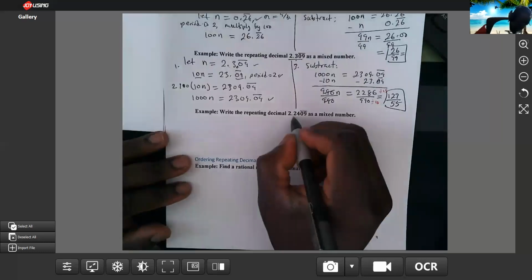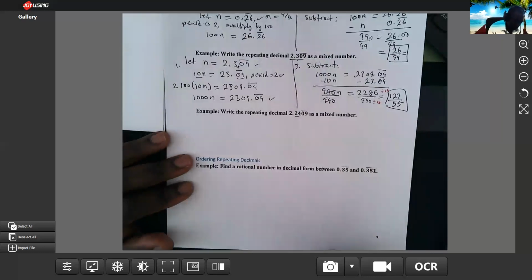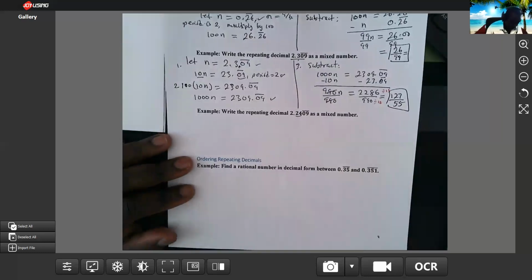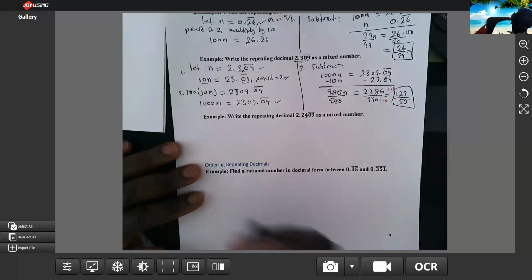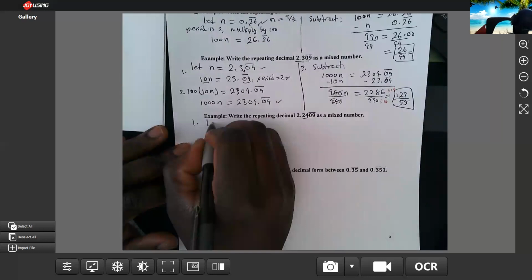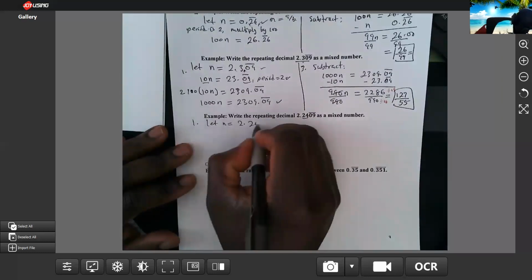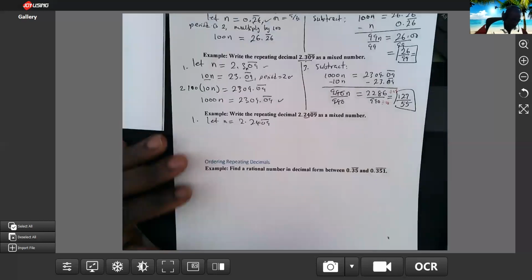Now look at this example. We have 2 digits before the repeatant. So 2.24, then 09, 09, 09. Same procedure. Step 1, you let n be equal to the original number, 2.240909 repeating.